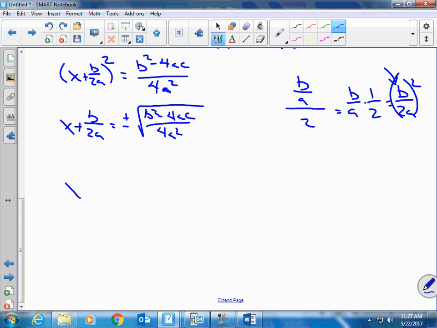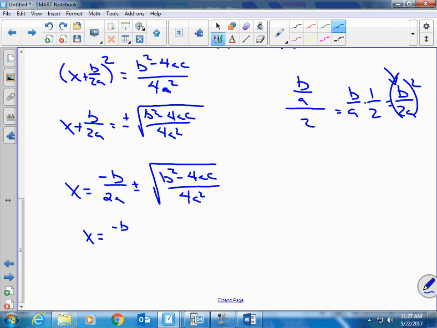And now we're going to move the negative b over 2a over, it becomes a negative. Remember, we cannot have a fraction inside of a radical, because what that really means is we have a radical in the denominator. So I'm going to square root the top, square root the bottom, and on top I get b squared minus 4ac.